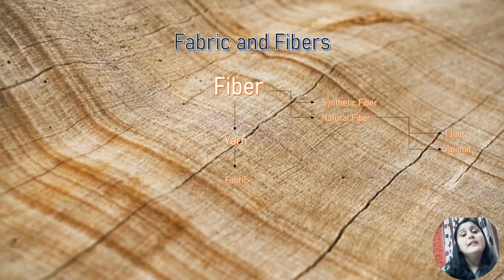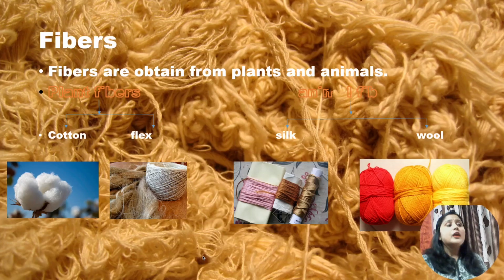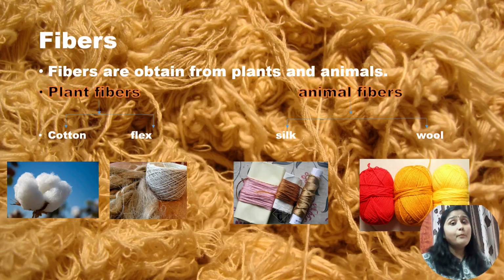After it, next is what are the sources of these fibers? The sources of these fibers are obtained from plants and animals. The most commonly used plant fibers are cotton and flax. And on the other hand, the commonly used animal fibers are silk and wool.